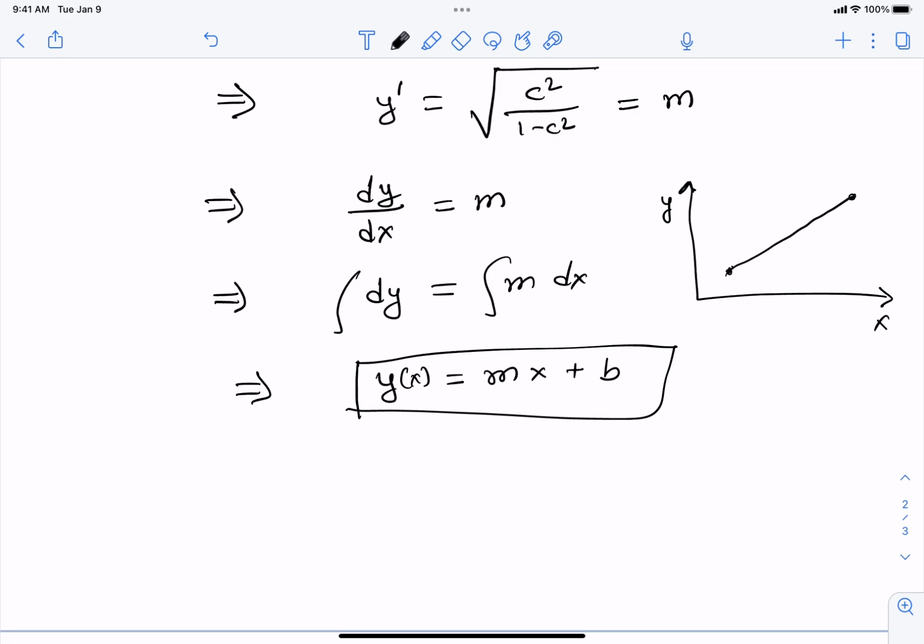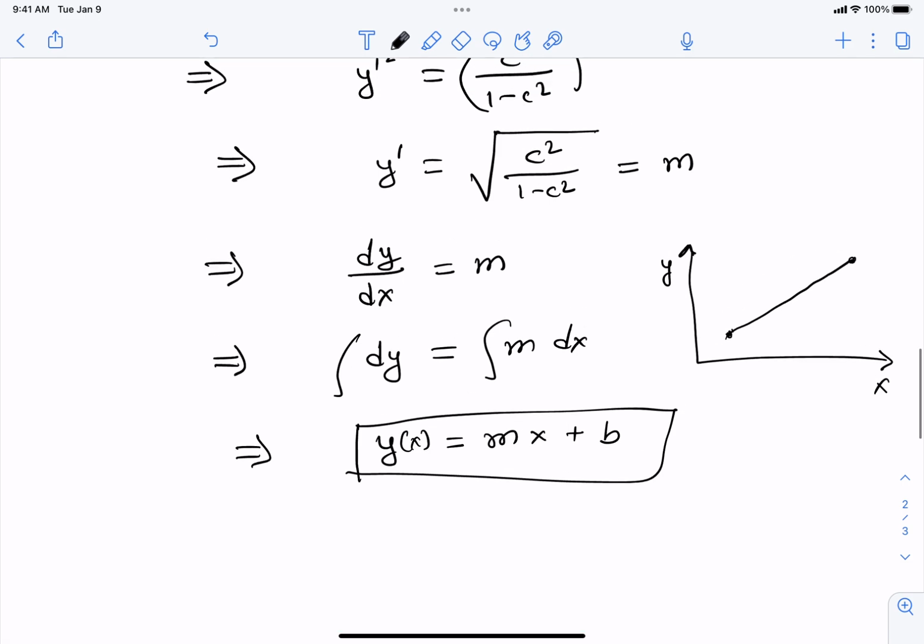And in classical mechanics, or typically in calculus of variation, the goal is generally to find out y of x. Sometimes the goal is to stop here, to find out the differential equation. Once you know the differential equation, you can either solve it, and if you can't solve it, then you plug it into a computer and the computer can solve it. But generally the harder part is getting this differential equation, which is what we will do most of the time.